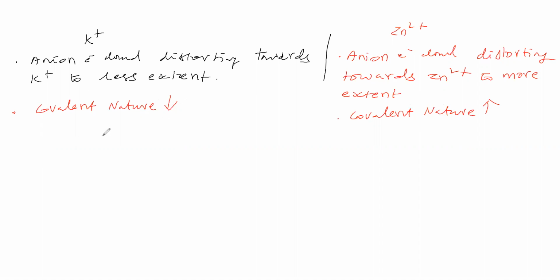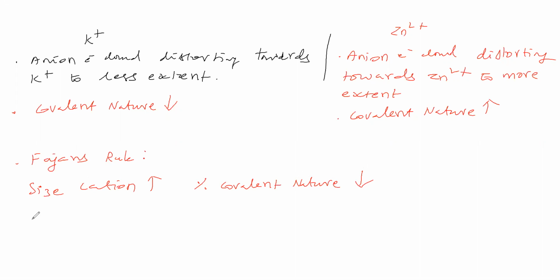So what is the conclusion of Fajans rule? As per Fajans rule, one is as size of cation increases, percentage of covalent nature decreases. Then as size of anion increases, percentage of covalent nature increases.